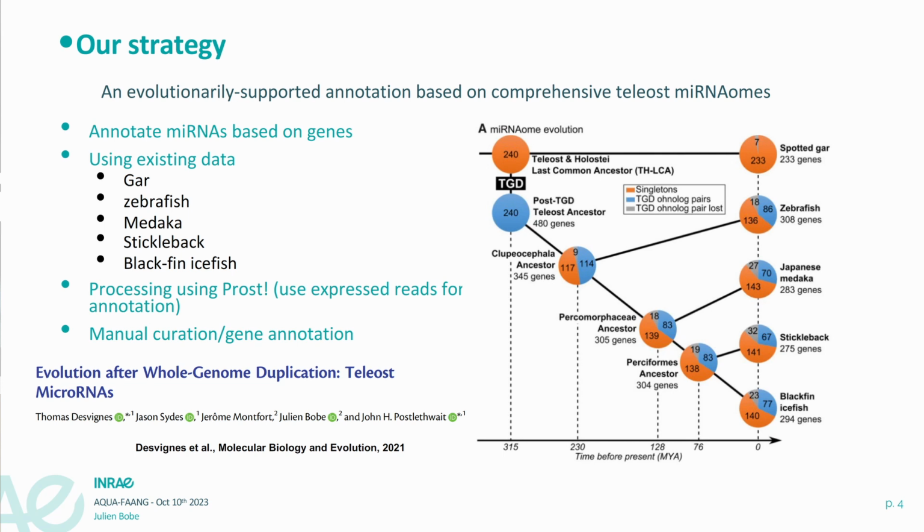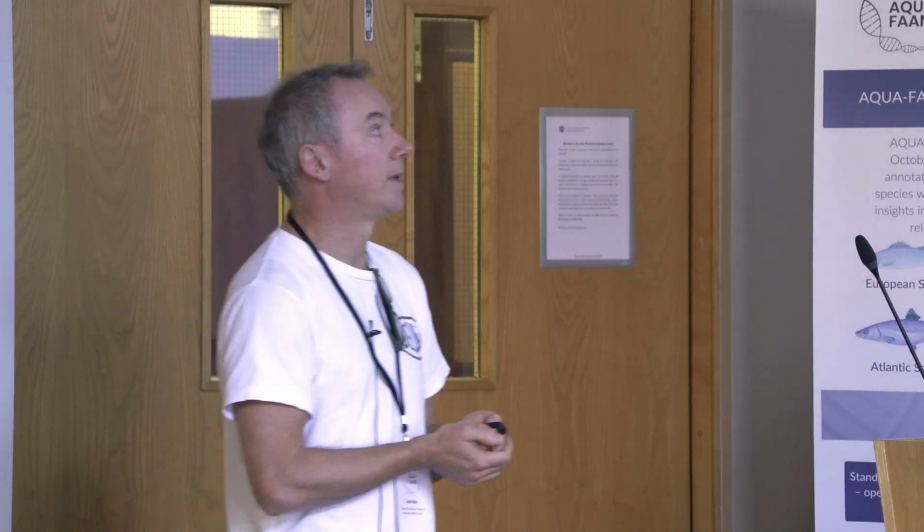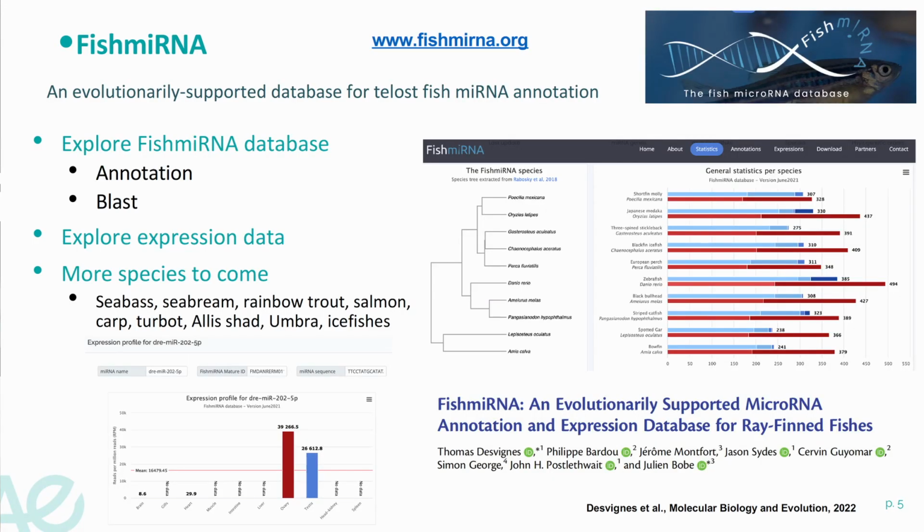The idea was to annotate these manually, based on expression and on the reads that we know, because there's a limited number of genes, so we can do it manually, or semi-manually. This is included in a database called FishmiRNA, in which we provide annotation and expression data, like for instance here the expression of my favorite microRNA, miR-202, which is a gonad-specific microRNA.